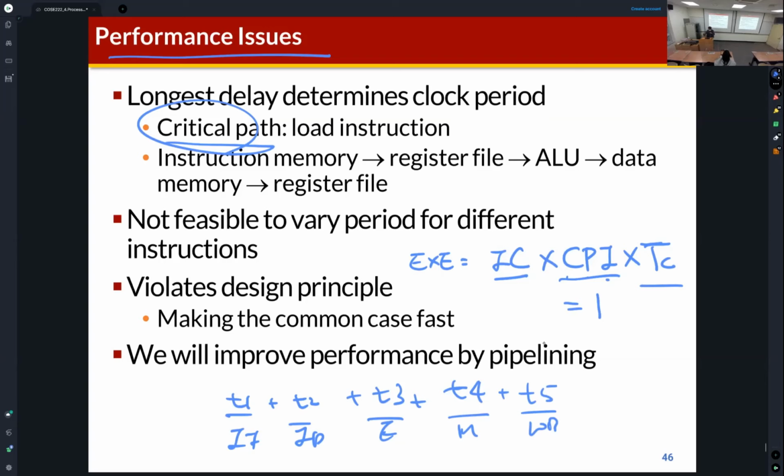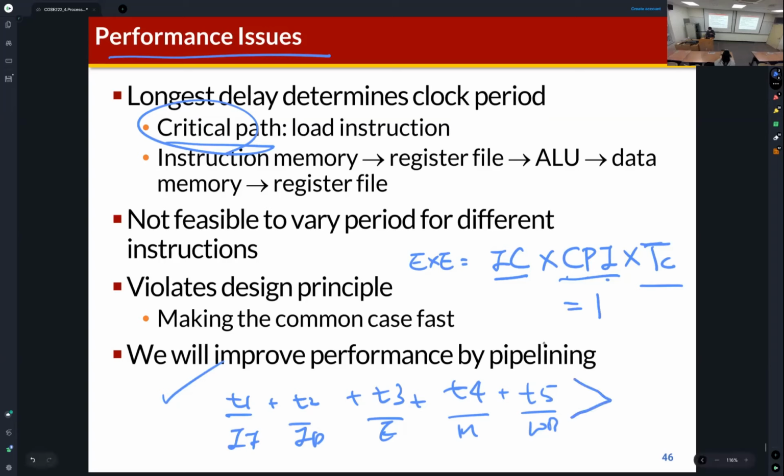Why? I said that in a single cycle processor, this processor needs to complete executing a single instruction within the clock period. So which means that these delays of hardware components must fit inside the clock period.